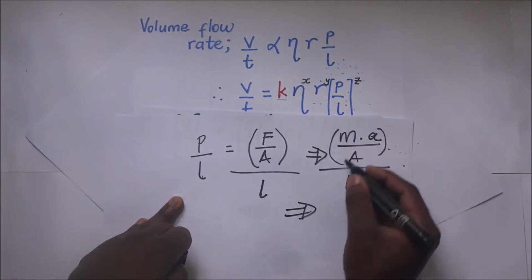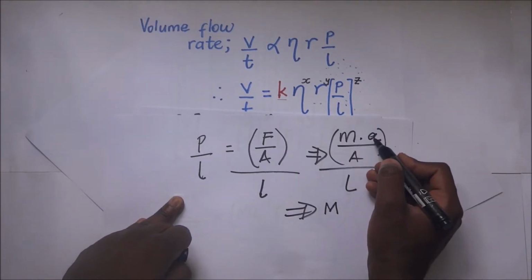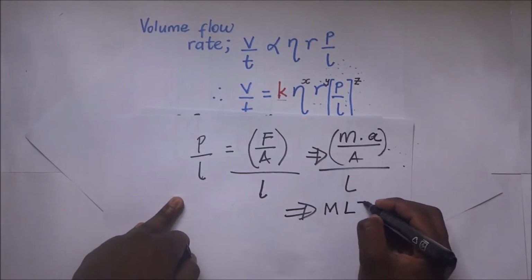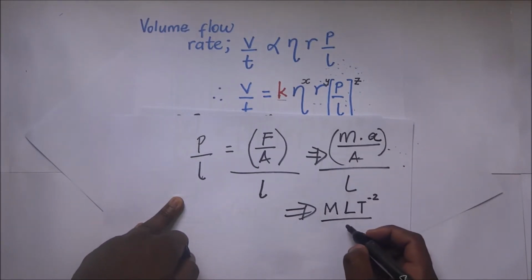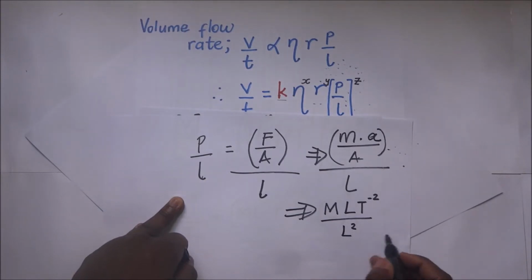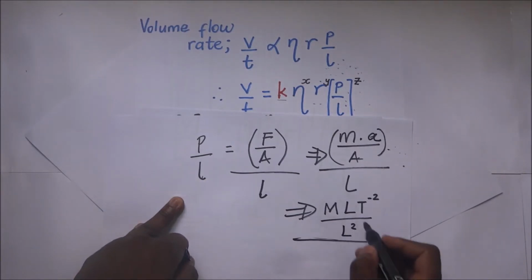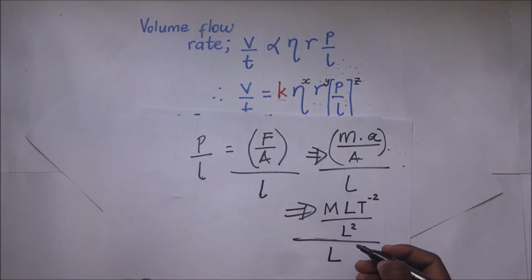So finding the dimensions: mass is capital M. Dimensions of acceleration is L t to the power negative 2. Divide that by the dimensions of area, that is going to give us L squared. And all this, we divide by L, the length of the pipe.